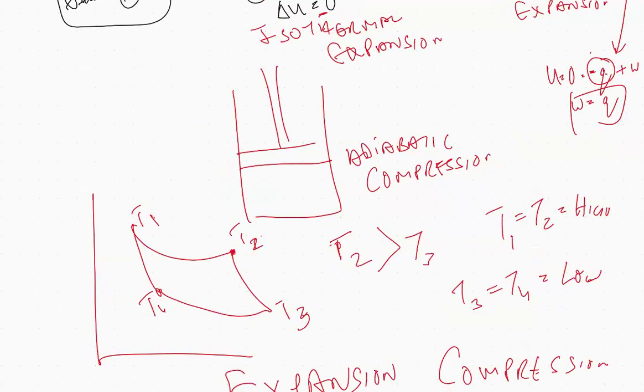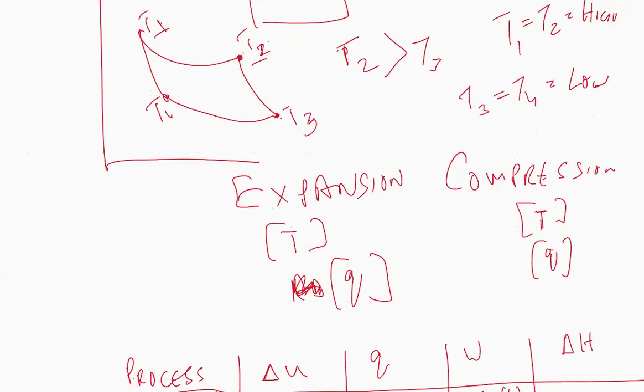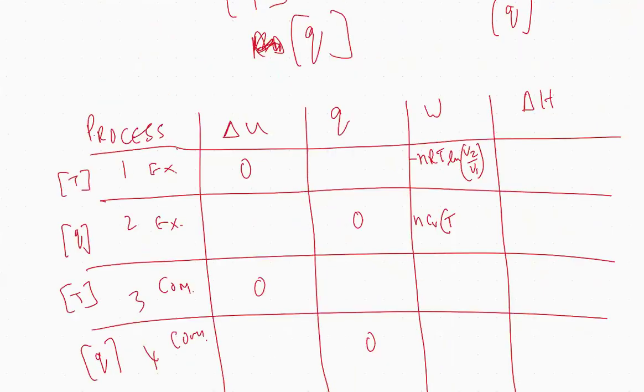So if I go here, adiabatic process, remember this is high. So n Cv times low minus high. That's the work.